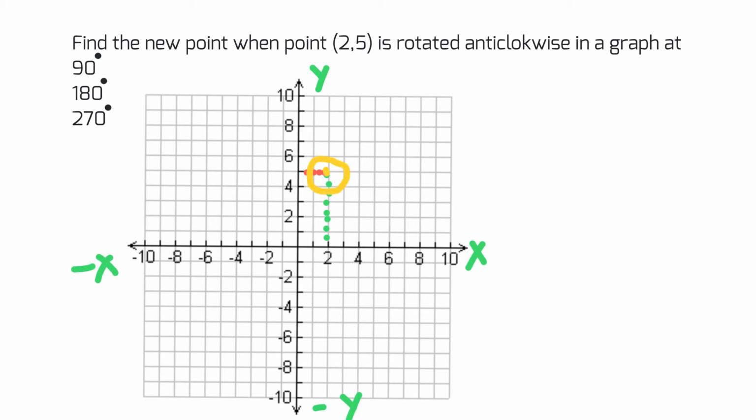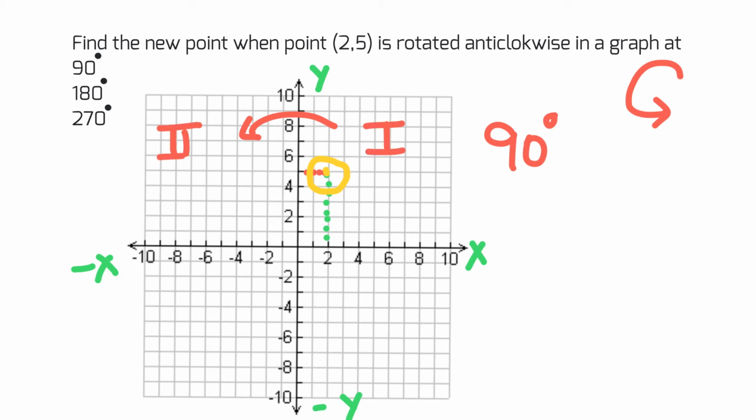It says when the point is rotated anti-clockwise, anti-clockwise means in this direction in a graph, at 90 degree. Now 90 degree rotation would be in the next quadrant itself. So the point lies in the first quadrant. In the second quadrant, I have the 90 degree rotation. So a 90 degree rotation will give us the new points.